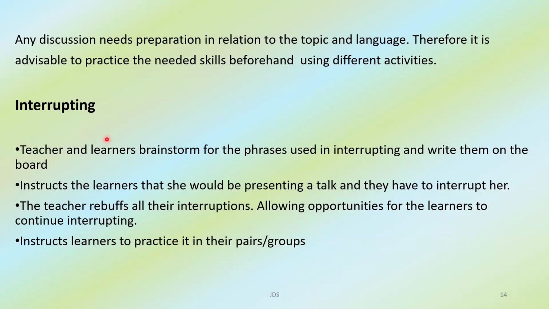Right? So how to perform the language function of interrupting is taught using the procedure of that particular task. Likewise, requesting, disagreeing, suggesting. We have to think of teaching those kinds of language functions.